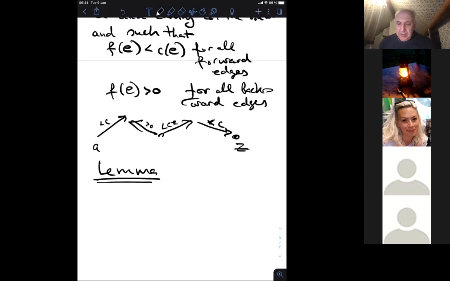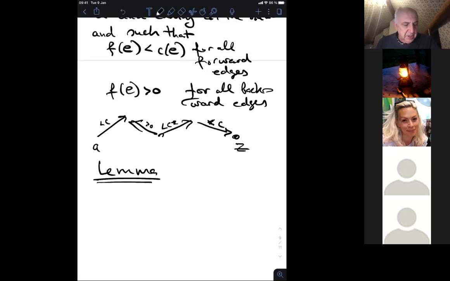Okay. So the lemma says that, assume that we are in a transport network with a flow such that no augmenting path exists.